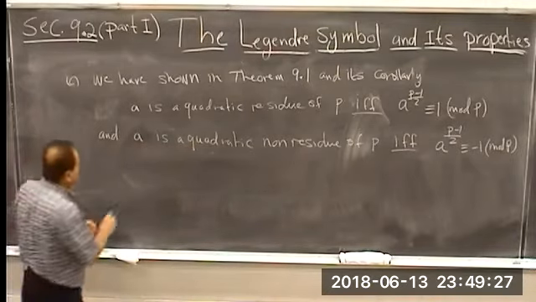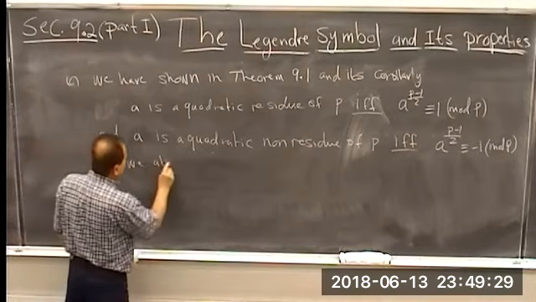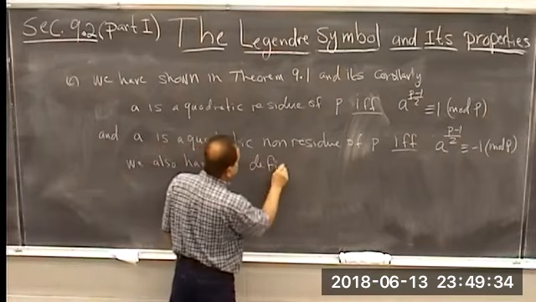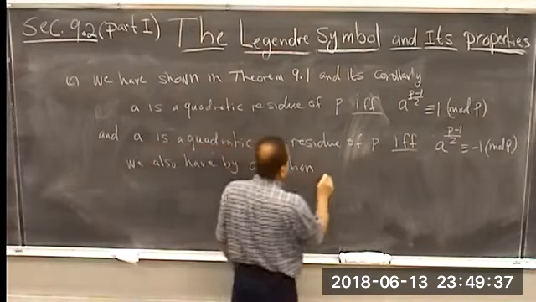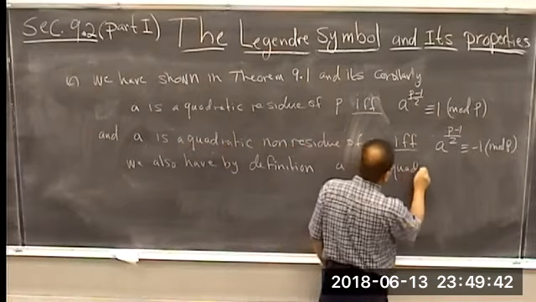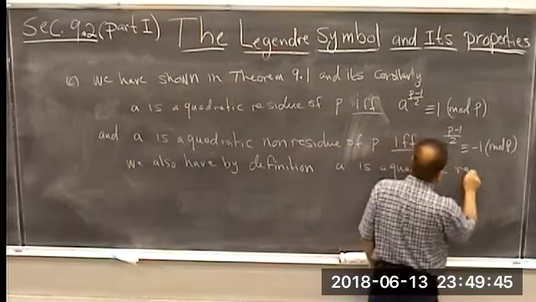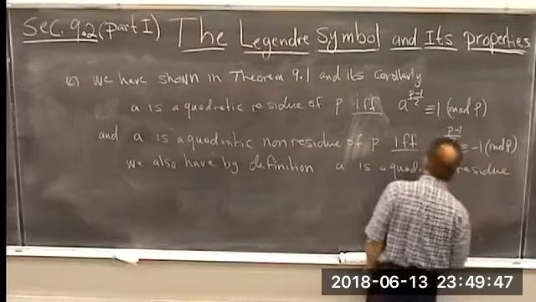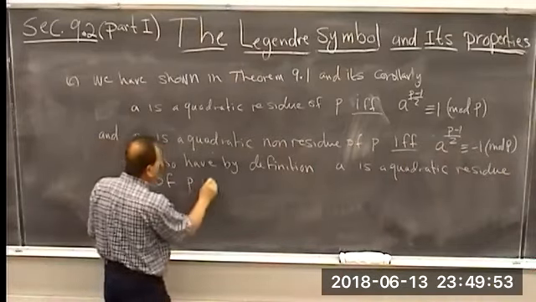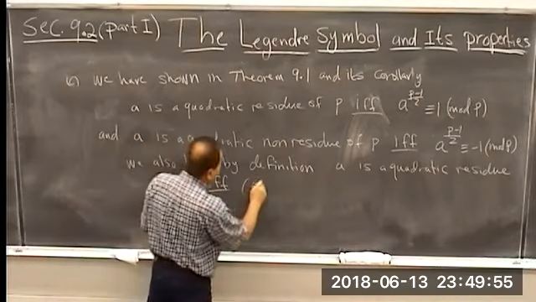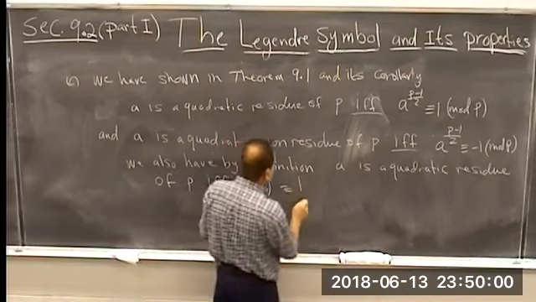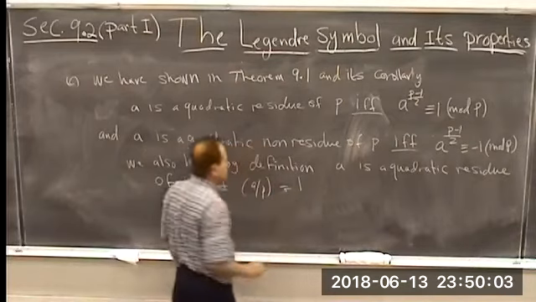So we also have, by definition, A is a quadratic residue of P if and only if (A/P) is equal to 1, all right?